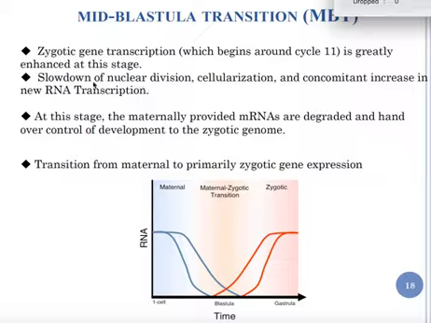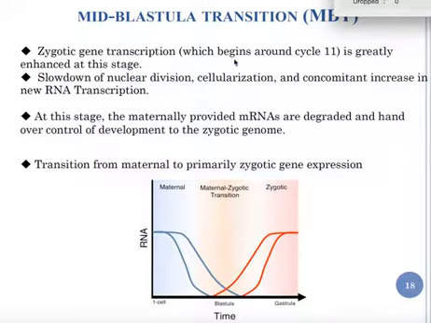So by the MBT, we start having a slowdown in the nuclear division, because the aim now is to cellularize these nuclei, and not to form more nuclei by mitosis, or by nuclear divisions. So we have a slowing in the nuclear division at the periphery.